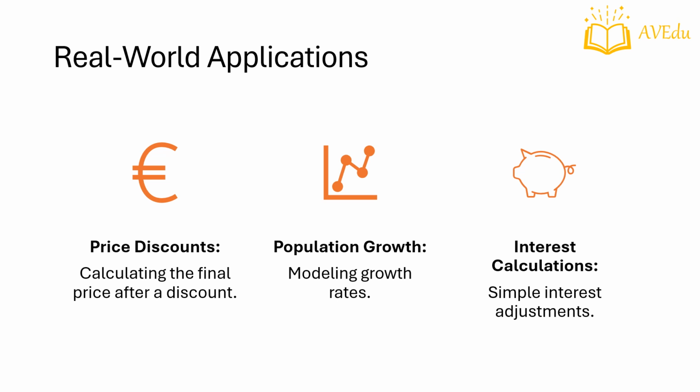When we are dealing with interest rates and investments, this percentage change formula helps us identify the final amount that has to be paid. For example, if you have taken a loan, the final amount to be paid by you to the bank will be (100 plus y) multiplied by x divided by 100. That is how the final value will look, and that is where this formula is useful.